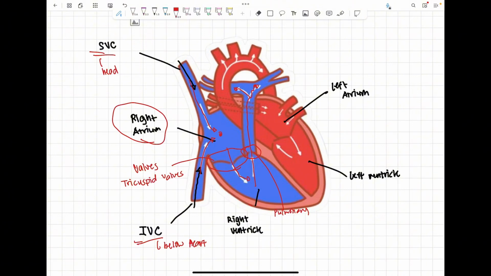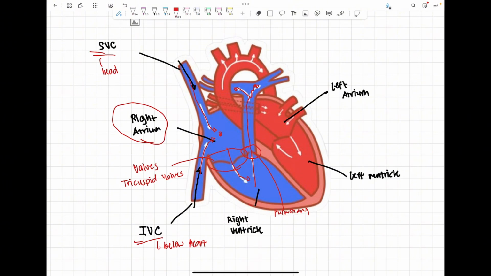And the reason for that is that the lungs exchange deoxygenated blood to oxygenated blood, because your body needs oxygenated blood to function. So before doing so, it goes to the lungs, where you get oxygenated blood.